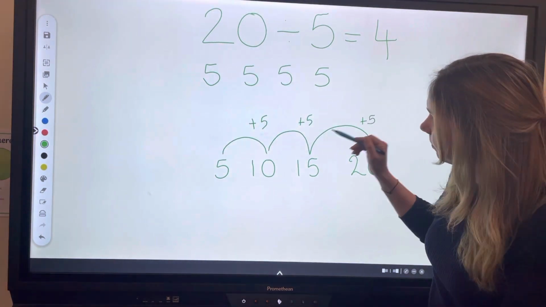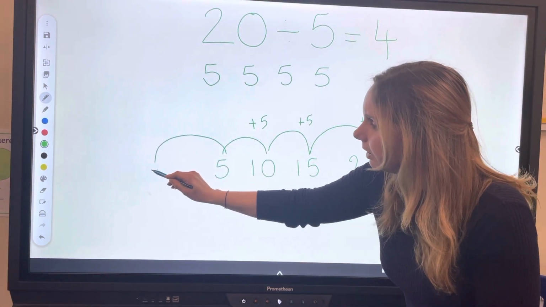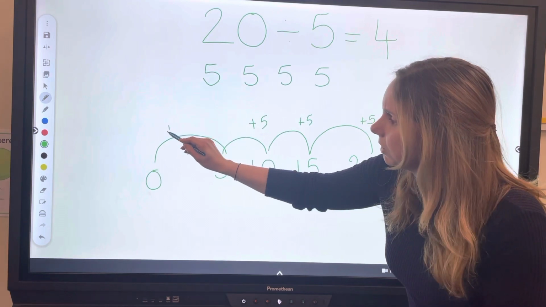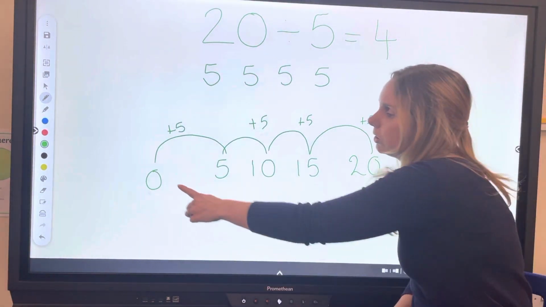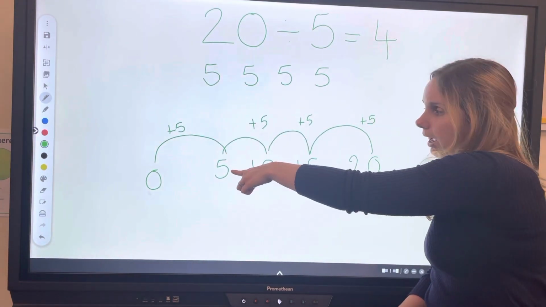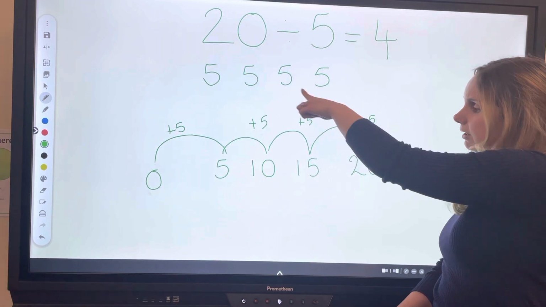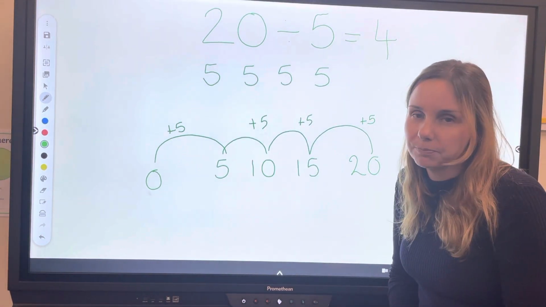Now, I forgot to start at 0. So if you're doing your number line, it's really important that you actually start at 0. Then you've got 1 jump to get to 5, 2 jumps to get to 10, 3 jumps to get to 15, 4 jumps to get to 20.